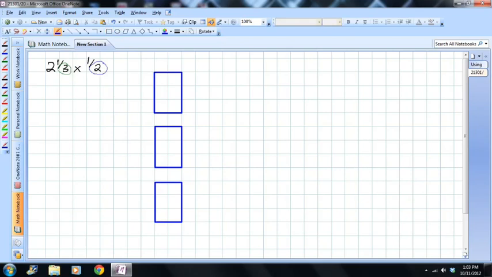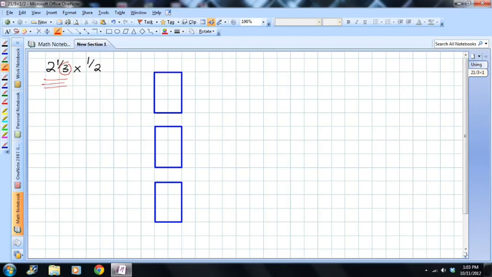Now, let's look at the 2 1/3. I'm not concerned about the 1/2 right now, so we're only looking at the 2 1/3. The denominator on this fraction is 3, and remember we said we wanted our rectangles to be 3 units tall.